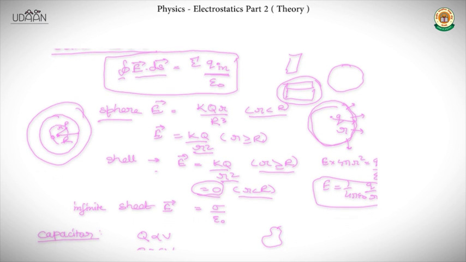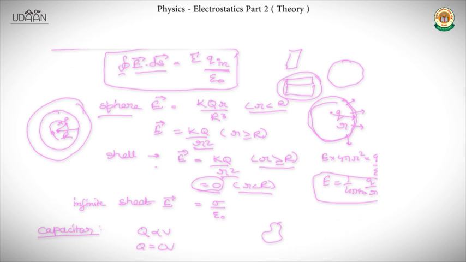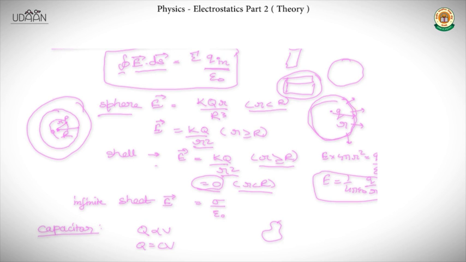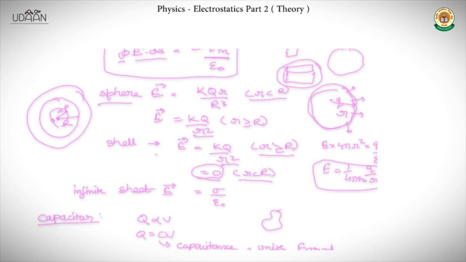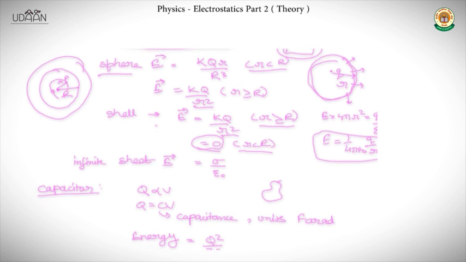It is an exercise that you have to find the value of E, and it should come out to be KQr by R cube. You can try it yourselves and match the answers.